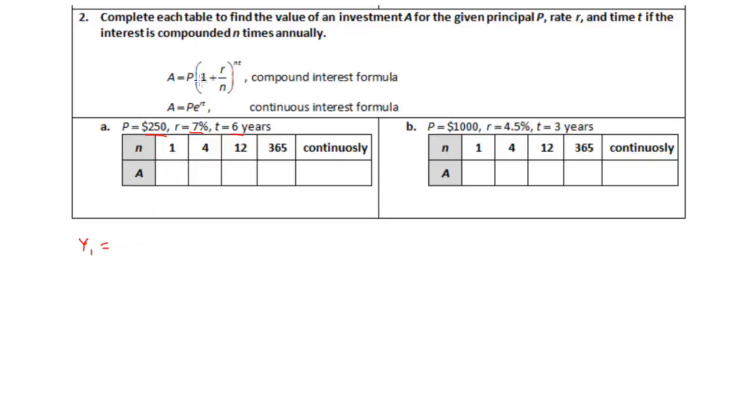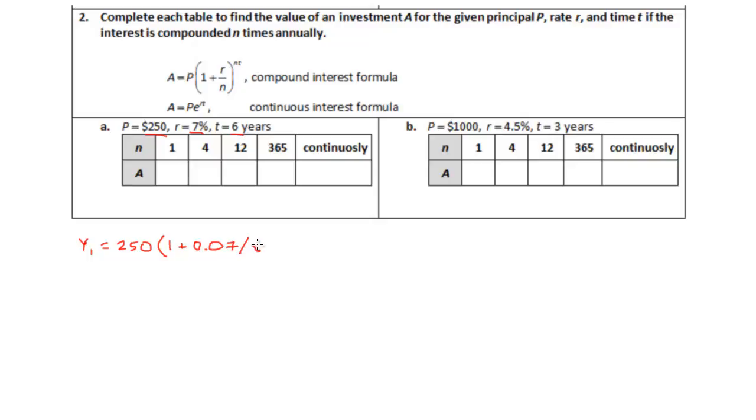For the compound interest formula, I would set it up and say the principal is $250. I would enter that in the y equals section of the calculator. Simply write open parenthesis 1 plus the rate, 7%. We need that as a decimal, 0.07, divided by n.